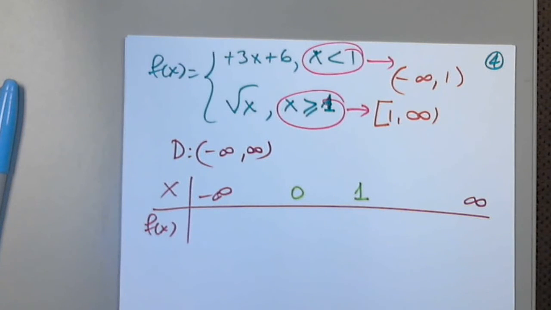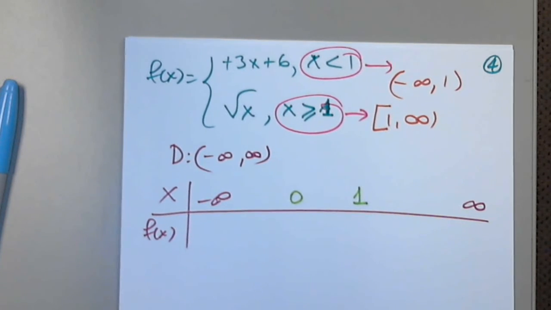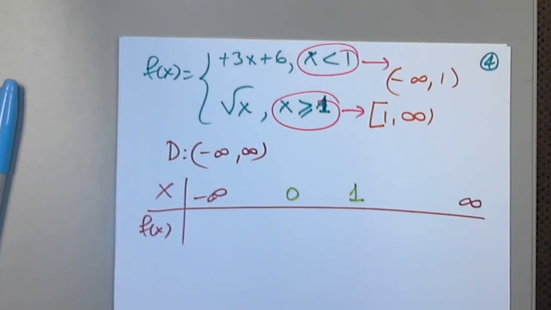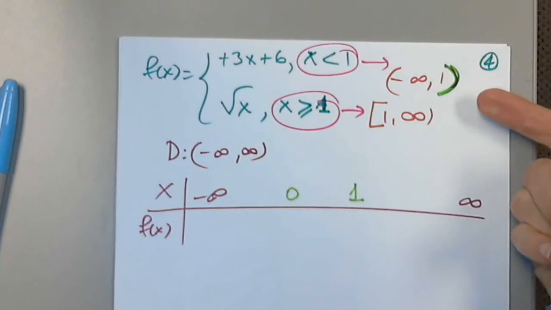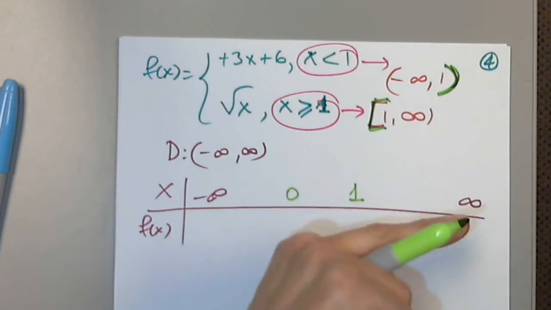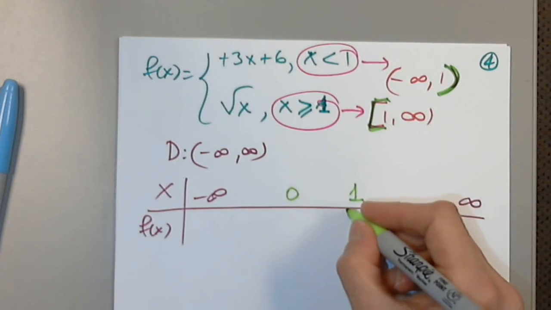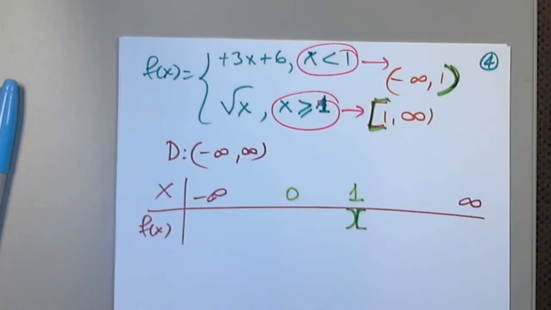Yes, Damon? The square root of x, we didn't get that part yet, right? No. Okay, in a moment. So right under 1, I will have these two symbols: the parenthesis opening this way and a bracket opening this way. And they have to touch. And they have to be exactly under 1. Not left, not right, immediately under 1.